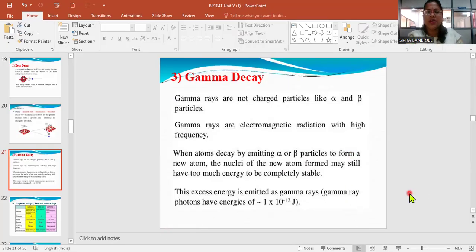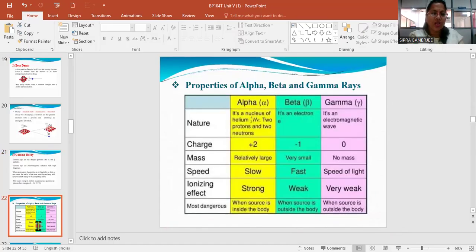So they will form an energy-stable nucleus. This excess energy is emitted as gamma rays, and they have an energy of about 1 times 10 to the power minus 12 joule. These are the different properties: the nature, the charge, the mass, the speed, the ionizing effect, and the most dangerous. Okay, so alpha, beta, and gamma have been discussed.